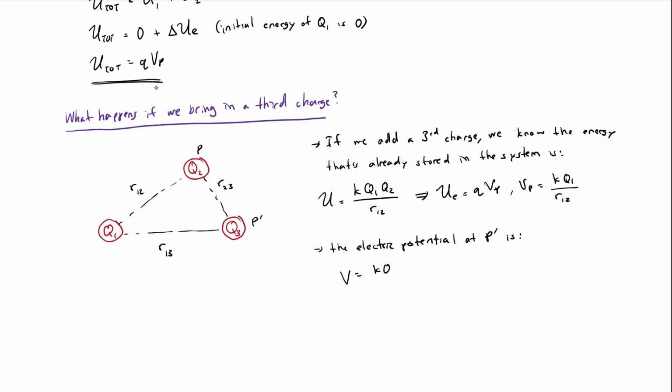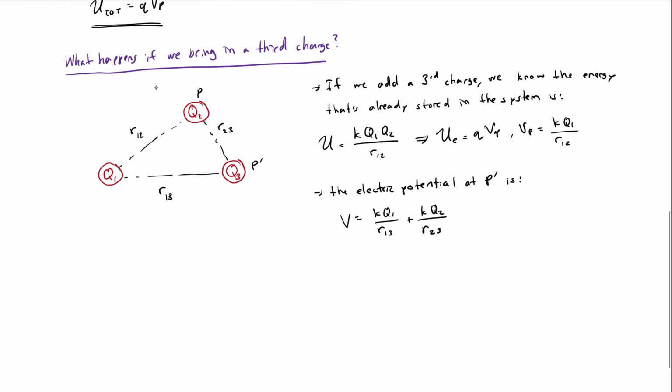So you have K Q1 over R13 plus K Q2 over R23. So that's the total electric potential at point P prime. After that, we need to look at the change in potential energy. And that change in potential energy is delta UE, equal to Q3 VP.